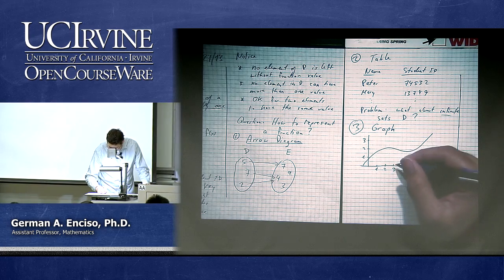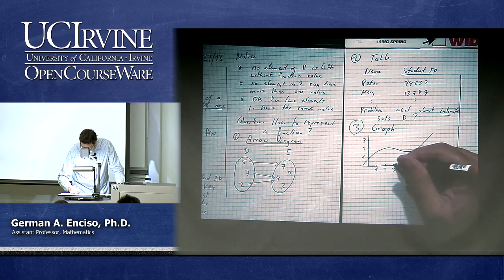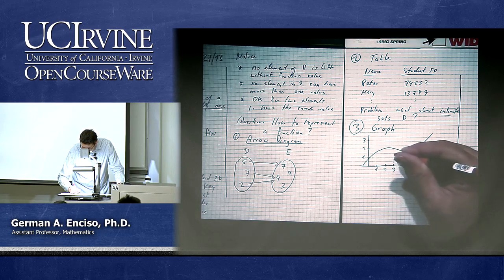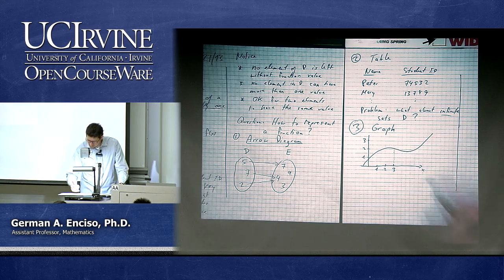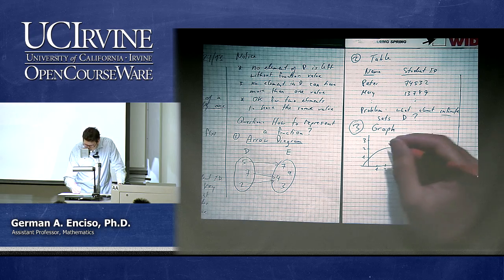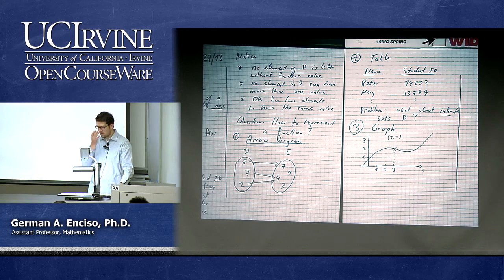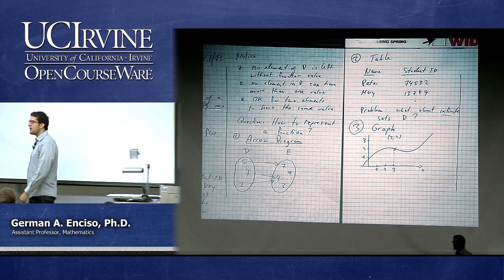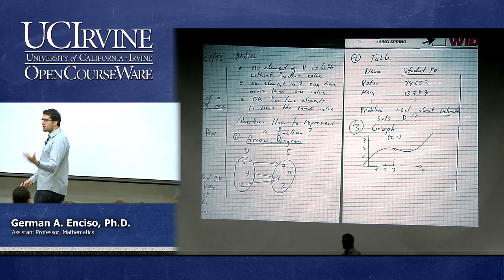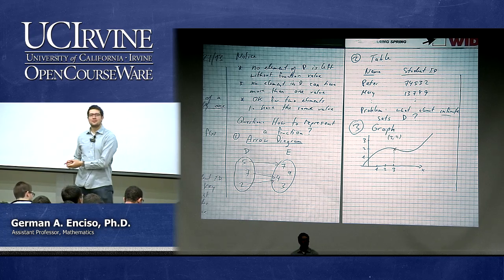How do you interpret that graph? Well, for example, the point 3, if you take the point 3 and you follow it vertically, it goes to the point 2. Okay? So 3, 2 can be interpreted in the following way. It means that the function, the machine, takes the number 3 and spits out the number 2.